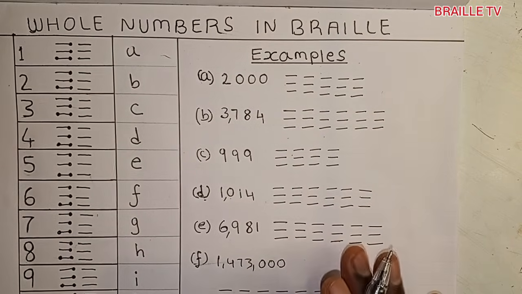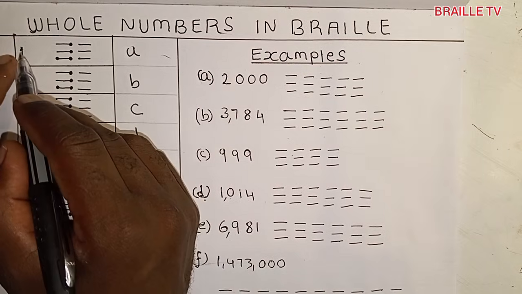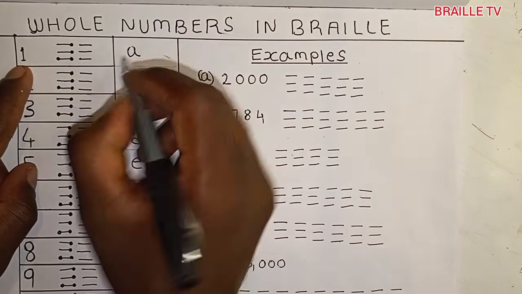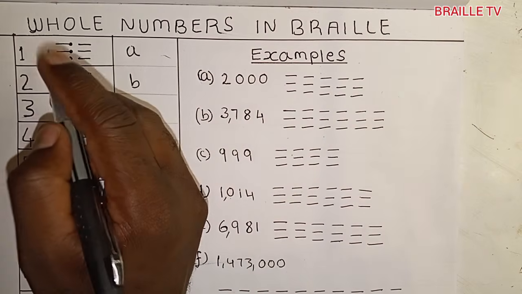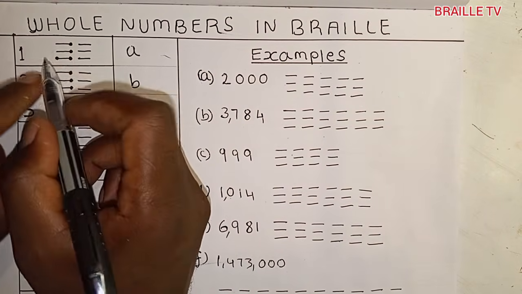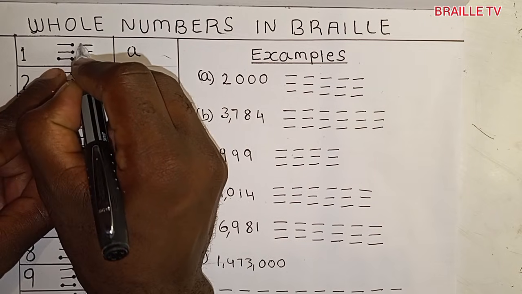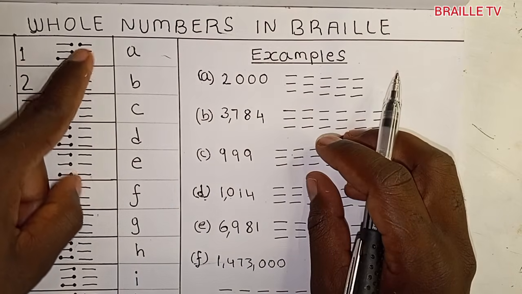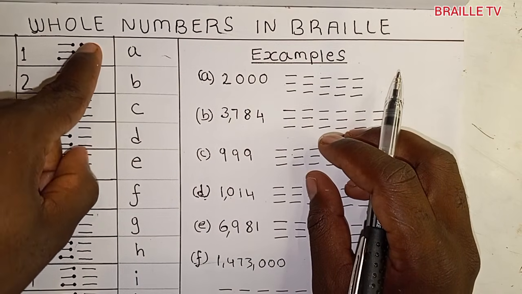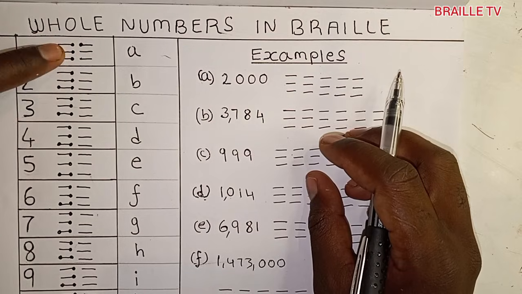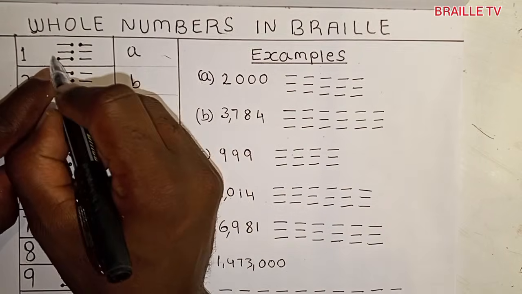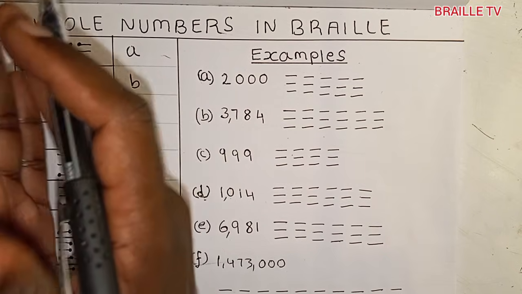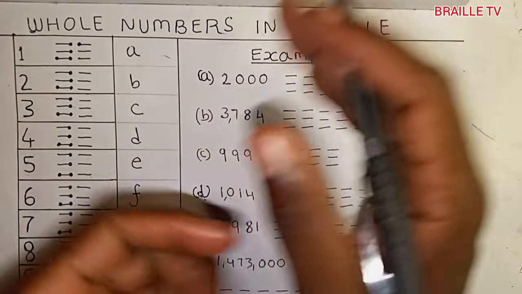Now let us write. I told you 1 in print is written like this. If you want to write it in Braille, you write numeral sign A. So this one is 1, it is not A, because I told you the work of a numeral sign, which is dots 3, 4, 5, 6, is to convert a letter between A up to J into a number.